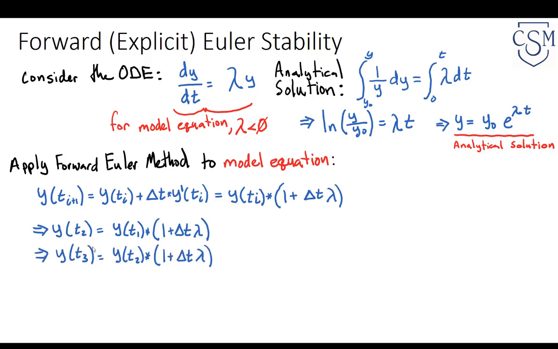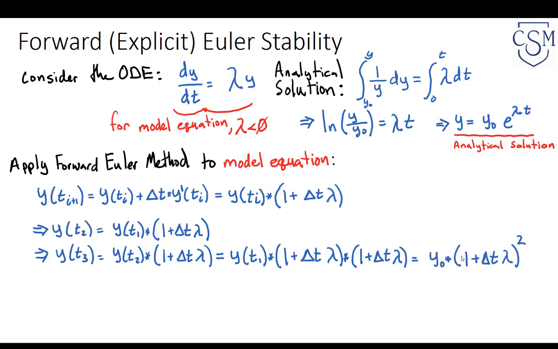We can plug in a few terms here, and what we see is that y of t3 can be computed as y of t2 times 1 plus delta t lambda. But remember, y of t2 is really just y of t1 times 1 plus delta t times lambda. So therefore we can say it's y of t1 times this amplification factor here, 1 plus delta t times lambda, squared.